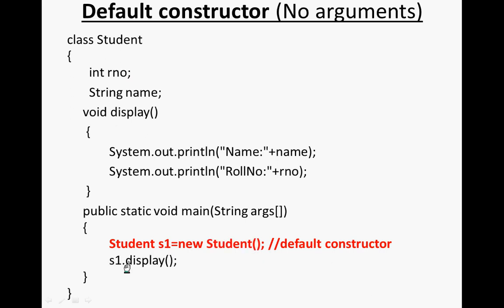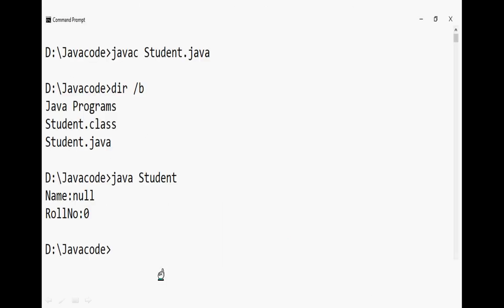So s1 dot display. See the output. We are compiling the student.java class by using JavaC compiler, which generates what? Student.class file. Okay. Now we are going to interpret this student class with the help of Java interpreter. Now see the output here.